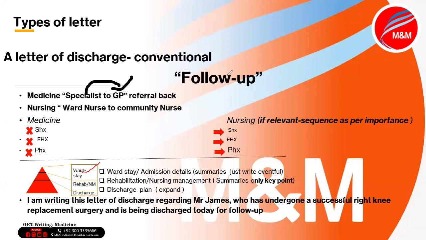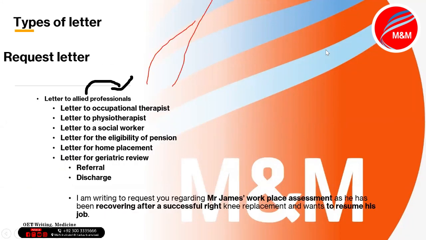Nursing management has been mentioned in the group, right? Fine. Okay. So afterward, we need to write down the different other letters, which include your letter of request to the occupational therapist, letter to a physiotherapist, letter to the social worker, letter for the eligibility of pension care, letter for home placement, and letter for a genetic review, right?